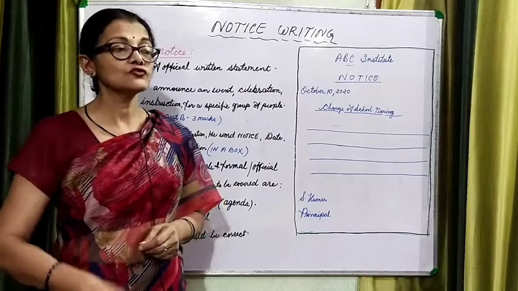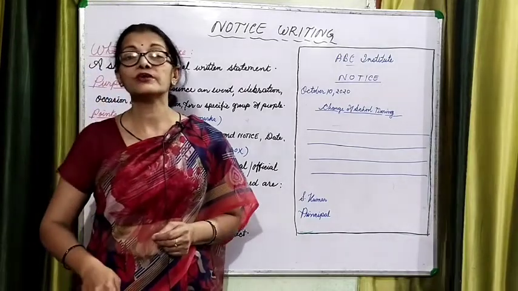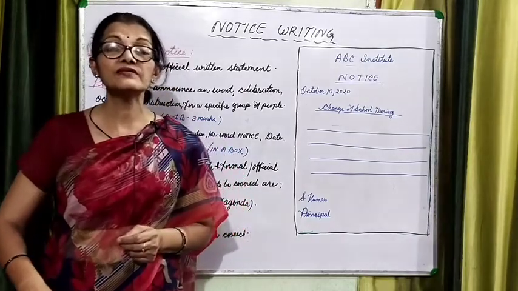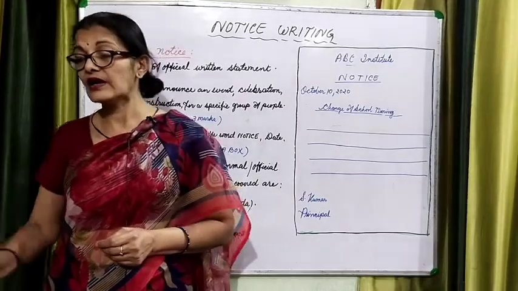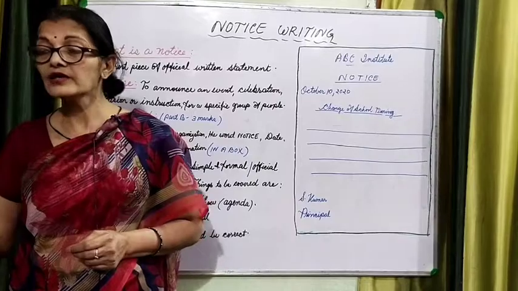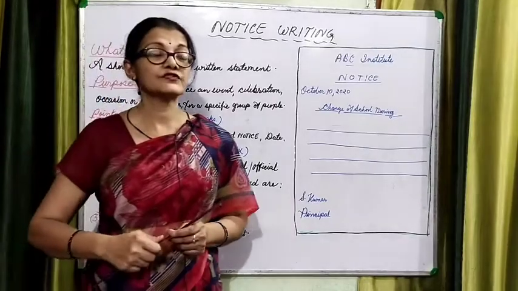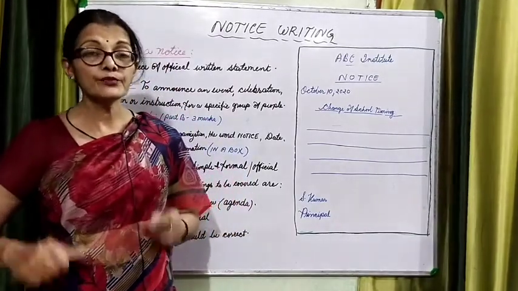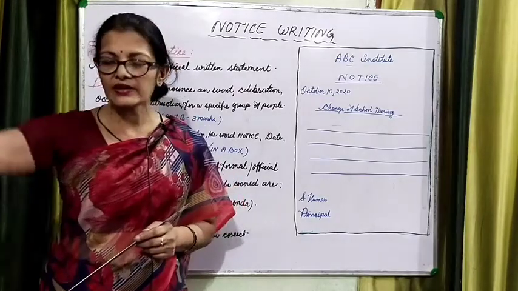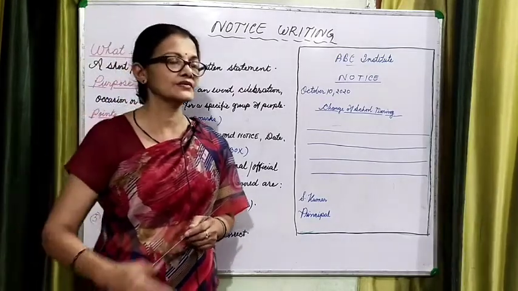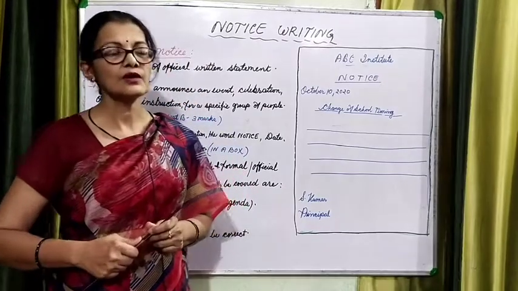So where will we put the notice? We will not put it anywhere in the garden or in any other offices, but in a prominent place where the children enter and can see it in the school campus.